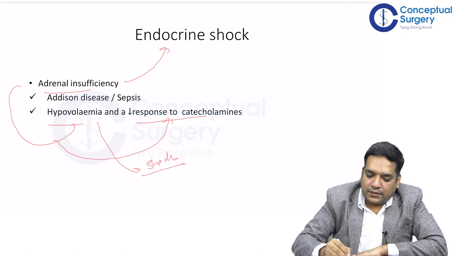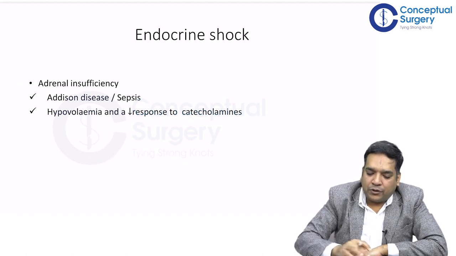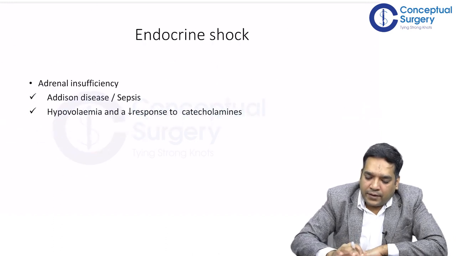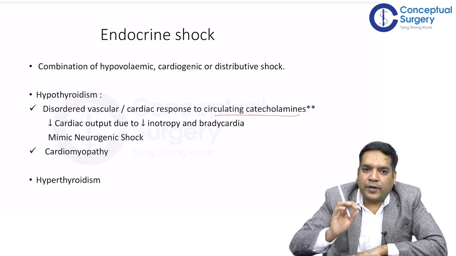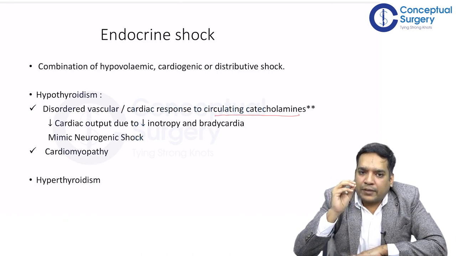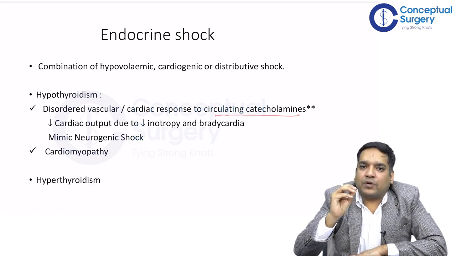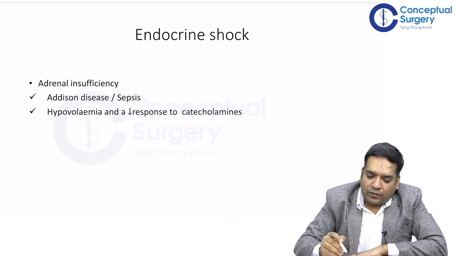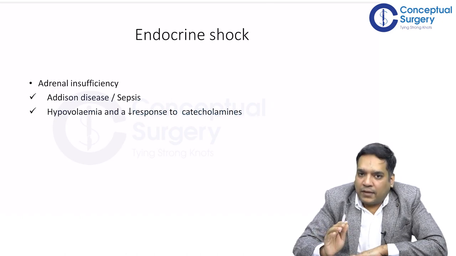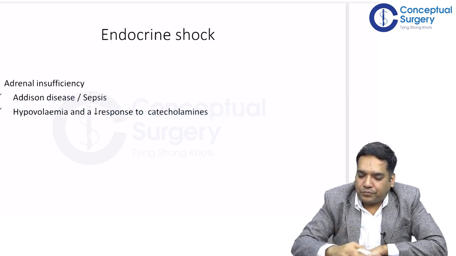So my dear friends, just remember 3 things in endocrine shock: hypothyroidism, hyperthyroidism and adrenal insufficiency. Hypothyroidism gives rise to a picture of a kind of neurogenic shock and it will also lead to cardiomyopathy. Hyperthyroidism leads to high output cardiac failure, which will give rise to cardiogenic shock, and in case of adrenal insufficiency there will be hypovolemia and there will also be decreased response to catecholamines, giving rise to a shock.